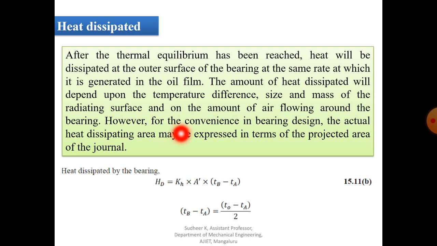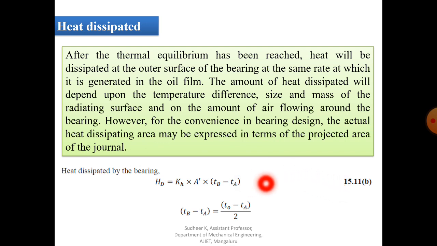So in the convection mode of heat transfer, it depends on temperature difference and area, according to Newton's law of cooling. So heat dissipation Hd is given by h into A dash into Tb minus Ta. I think this is studied in heat transfer, that is from equation number 15.11b.